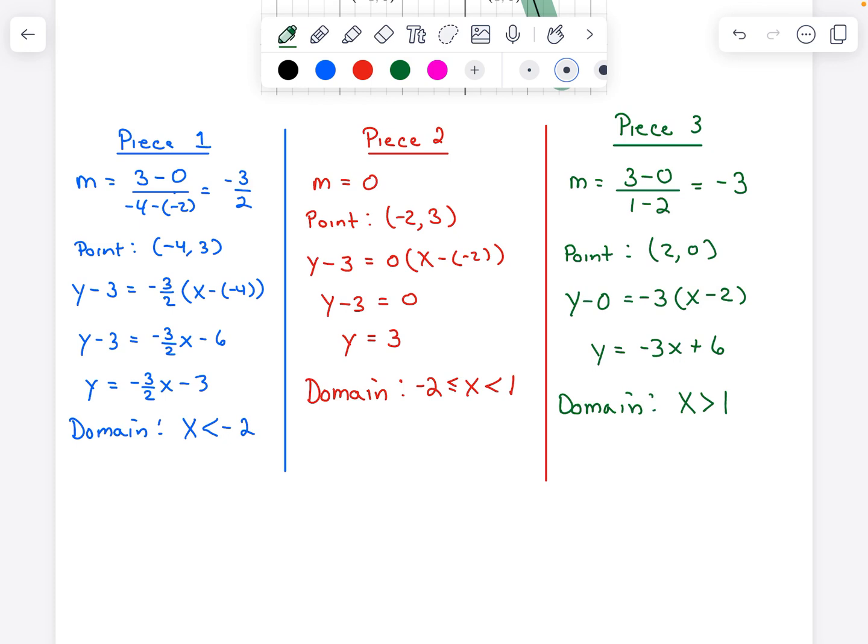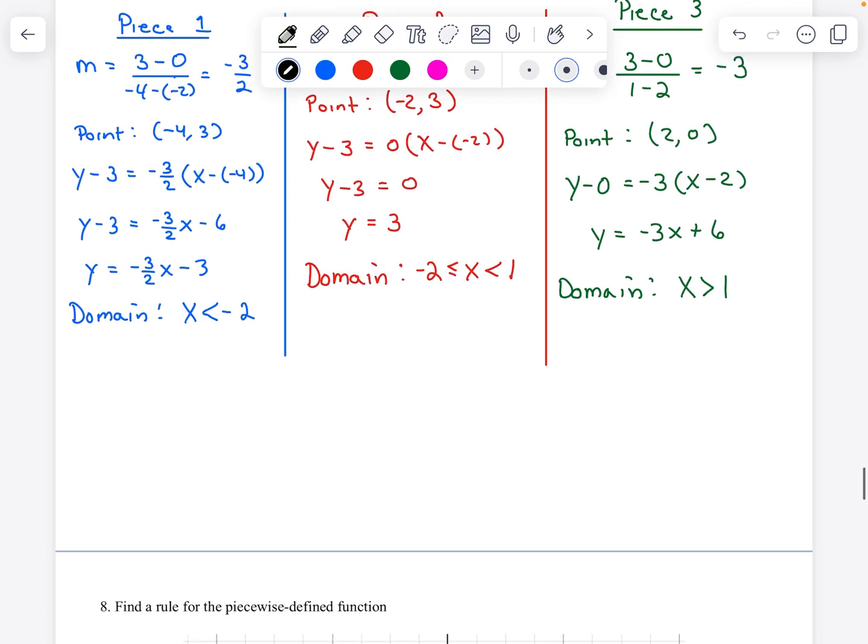Now that we have all of the equations and all of the domains, I'm going to write a piecewise function, and it's going to look like this. f(x) is equal to -3/2 x minus 2 if x is less than -2. f(x) is equal to 3 if -2 is less than or equal to x, which is less than 1.